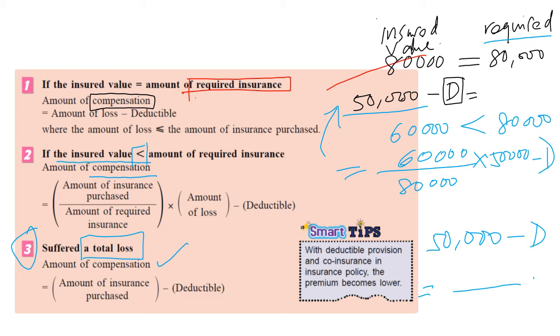Your total loss should be more than 50,000, because your house is worth 80,000, so you will lose here. It depends on how much you insure. If you insure 80,000, minus the deductible, you get the compensation. It depends on how much you insure your house.